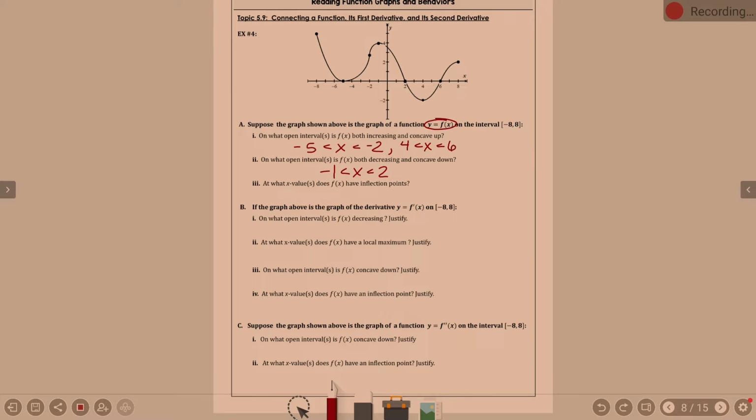Okay. 3. At what x values does f have inflection points? So inflection points, changing concavity. What are we thinking here? -2. +2. +6.